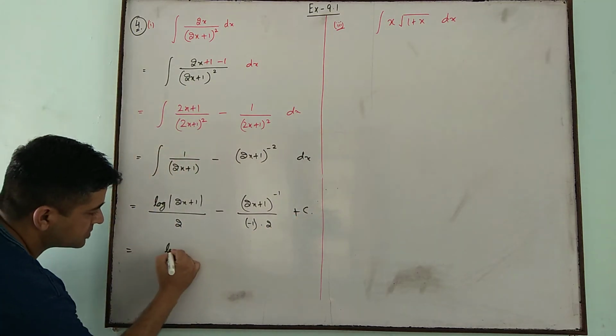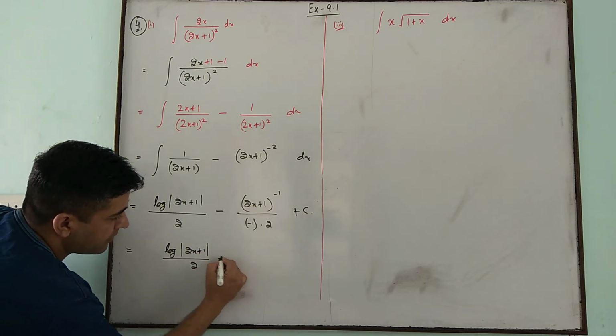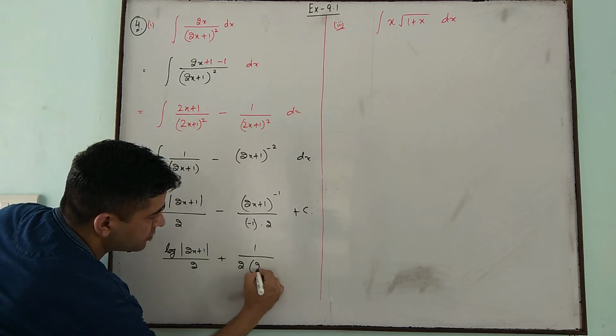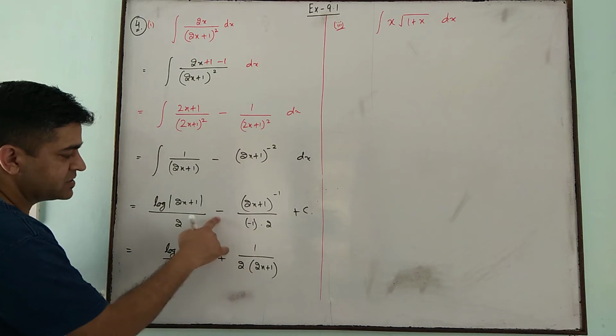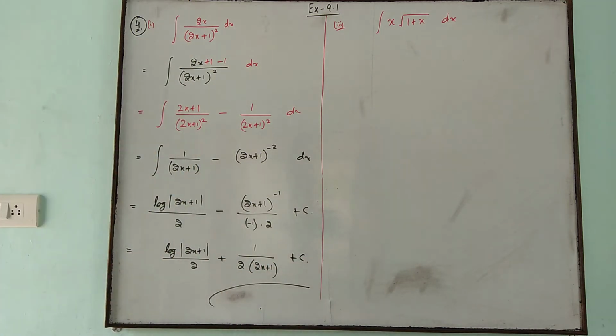So we got our answer: twice of log of 2x plus 1 divided by 2, minus minus plus. This is 1 upon twice of 2x plus 1. Power negative in denominator will be positive, minus minus plus c is the integral of this.